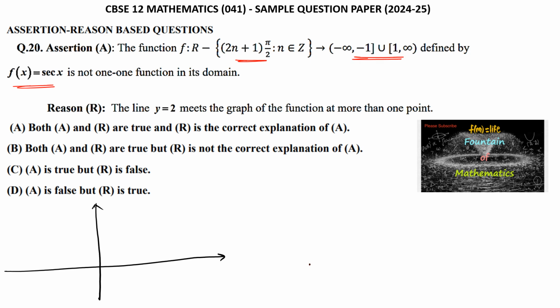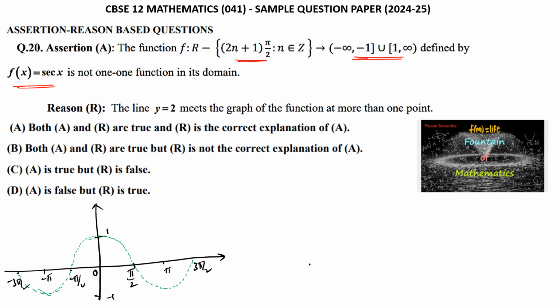So let me draw the cos x graph first. Zero, say this is pi by 2, pi and 3 pi by 2, and this is minus pi by 2, minus pi and minus 3 pi by 2, and here it is 1.